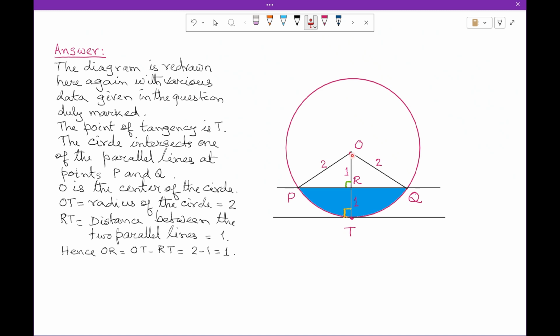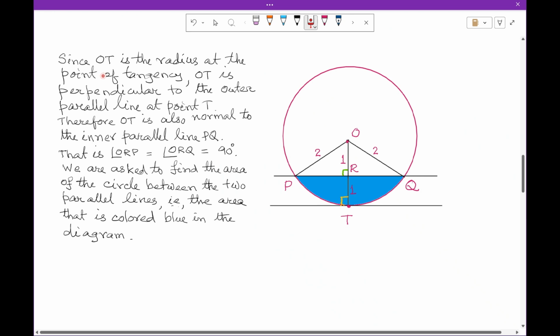OT is the radius of the circle, which is 2. RT is the distance between the two parallel lines, and that is equal to 1. Or OR, that is this distance, is equal to OT minus RT, that is equal to 2 minus 1, that is equal to 1.